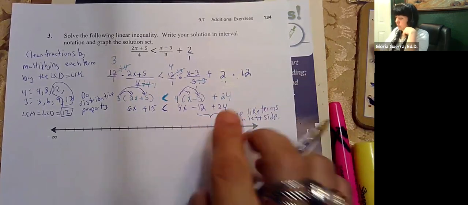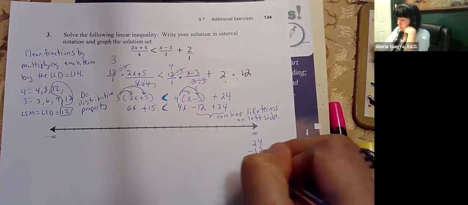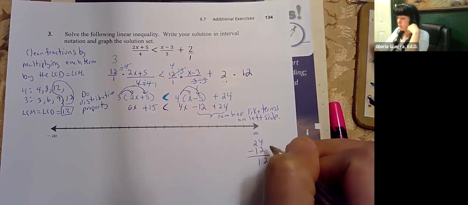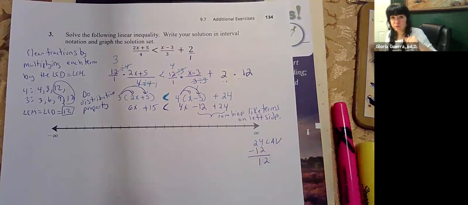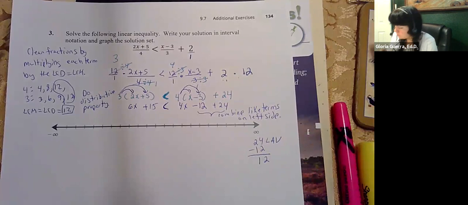So negative 12 plus 24, technically you'd have to subtract 24 minus 12: 4 minus 2, 2 minus 1. And you keep the sign of the number with the larger absolute value. It looks like 24 is the larger absolute value, so we get a positive 12 out of that.